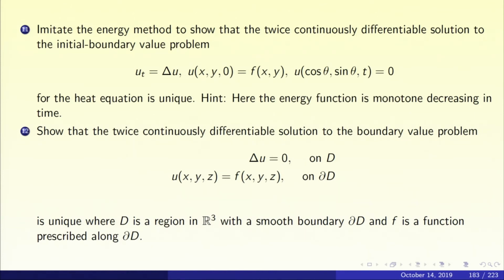Here are a couple of exercises for you. Use this energy method to show that if we solve the heat equation u_t equal to Laplacian of u, with u(x,y,0) equal to f(x,y), the initial distribution of heat is f(x,y), and the value of u along the boundary is identically 0. So, the boundary is permanently kept at 0 temperature.